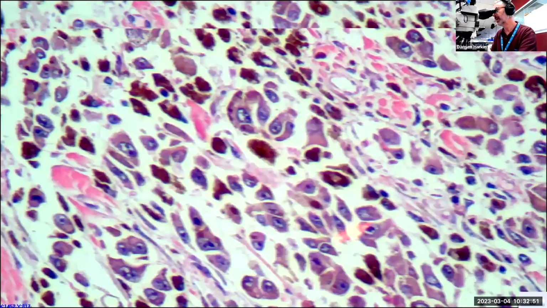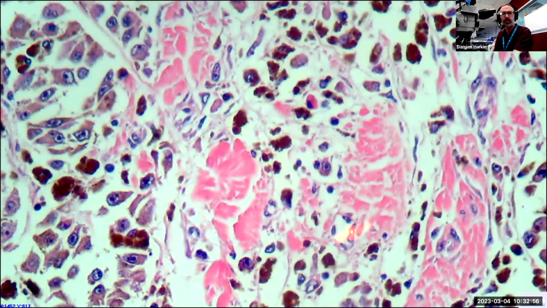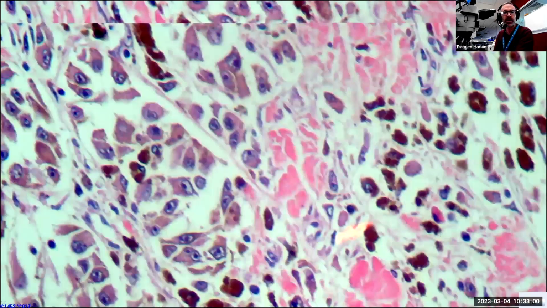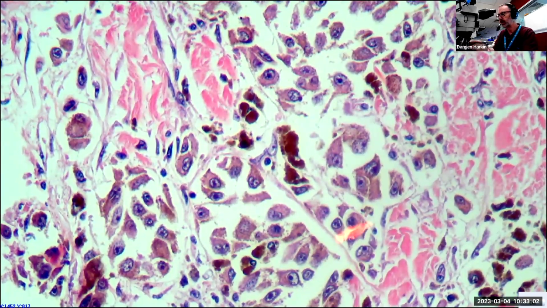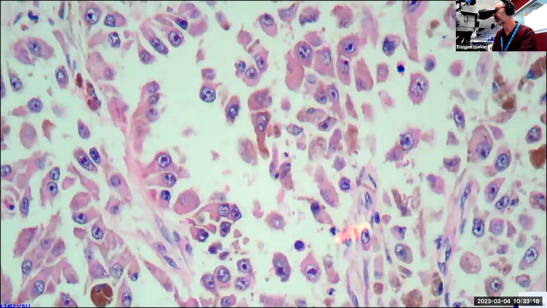Right, so this is back to the original one, but it just does serve to show you how really strong that level of staining is in the absence of any bleaching. Okay, so I'll switch back to the one that was meant to have been completely bleached, but it hasn't actually done that completely, but you'll get the idea that there's been a significant drop off in the level of color there.